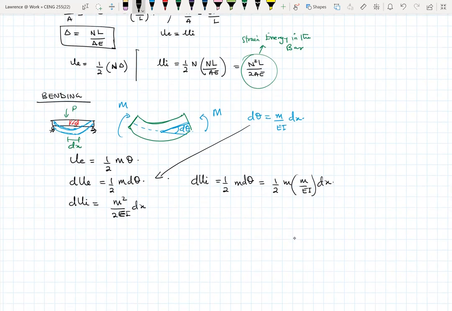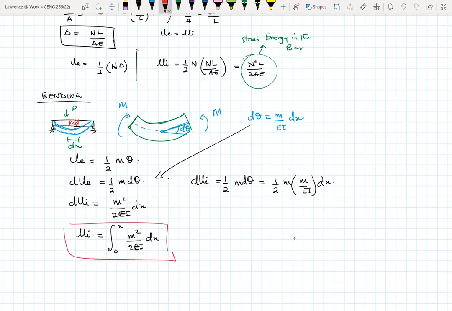If we were to integrate it, then our U sub I, which is the strain energy due to bending, becomes the integral from, let's say, 0 to x, of M squared over 2EI dx. Okay. So this becomes the strain energy in the beam due to bending.